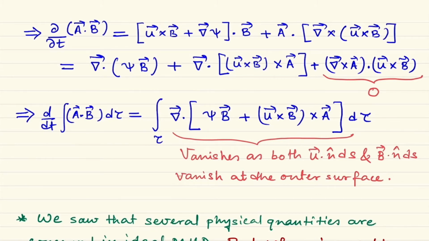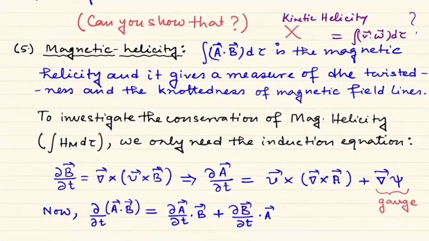However, as I said, we don't need any compressibility or incompressibility to show that. And as you have also remarked, in this whole demonstration we have not used any closure property. That means for P, whether this is a polytropic fluid, or a barotropic fluid, or an isothermal fluid, we don't worry.